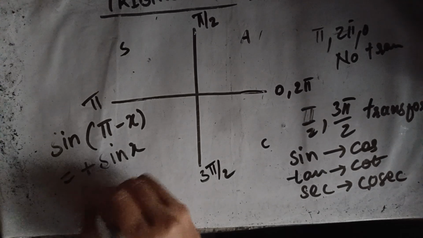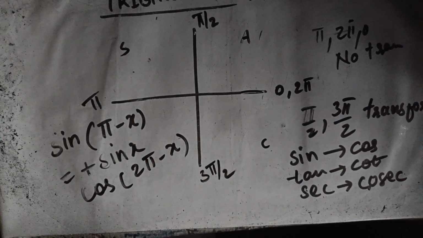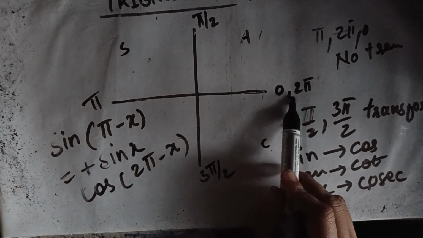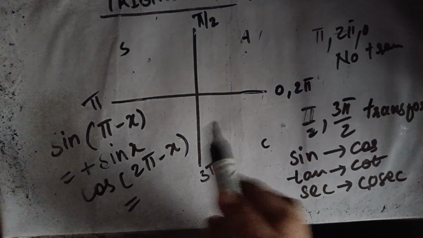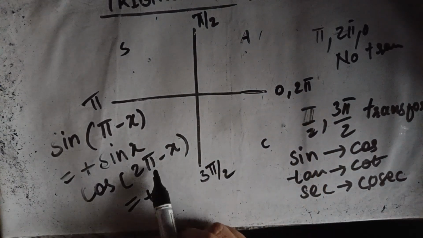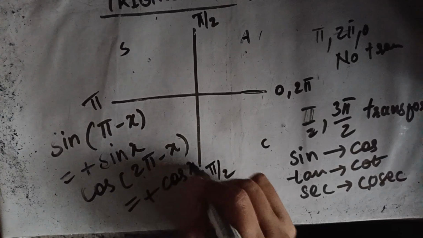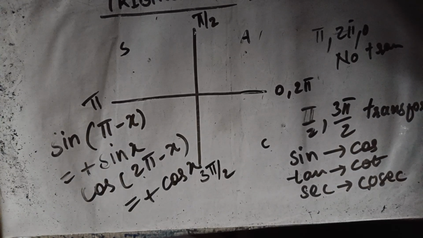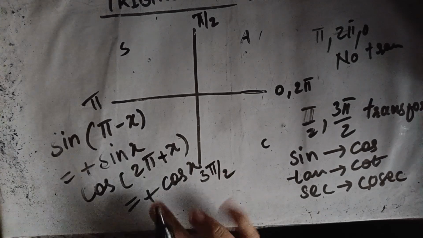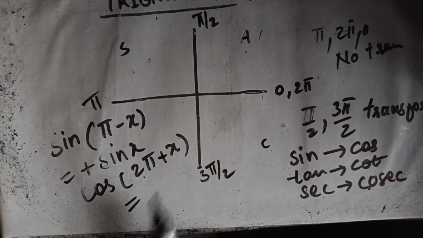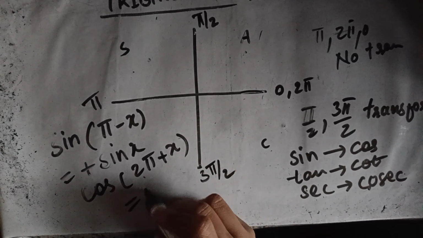Take cos of 2 pi minus x. For 2 pi, you are removing something, so it falls here. So positive. Then is transformation there? No. So this is cos of x. What if you take plus x? Which quadrant does this fall in? Fourth quadrant. Again, it is a positive sign.